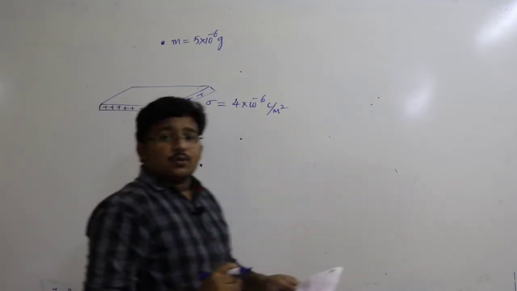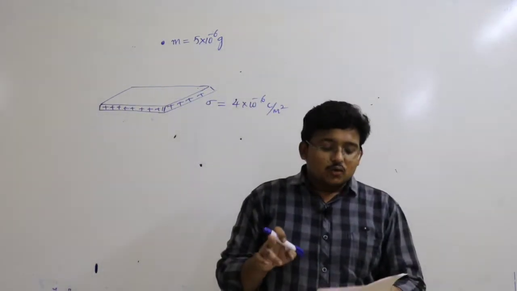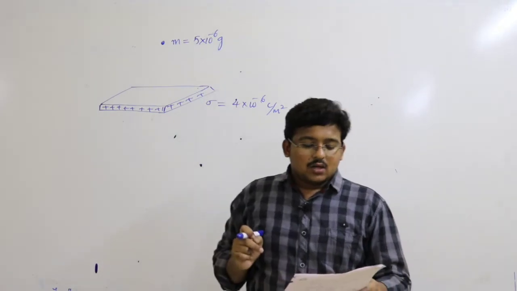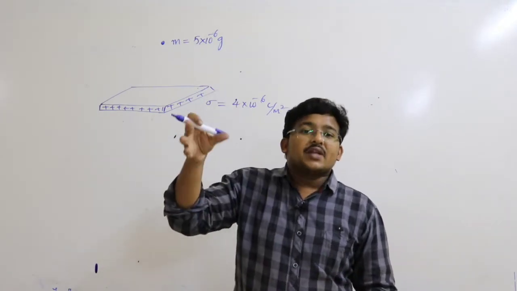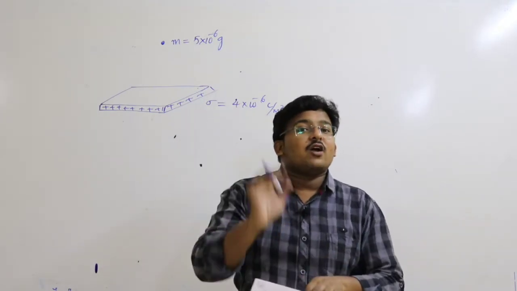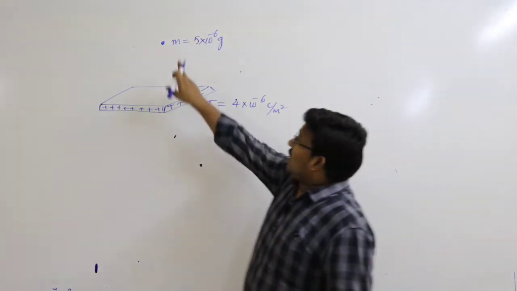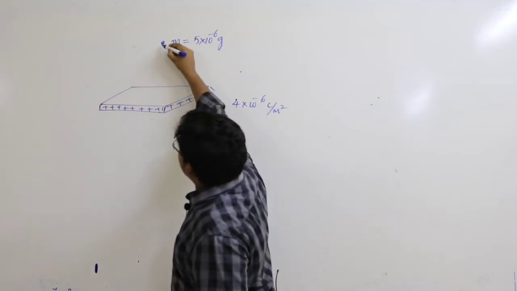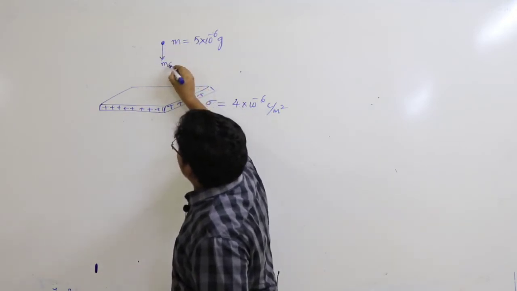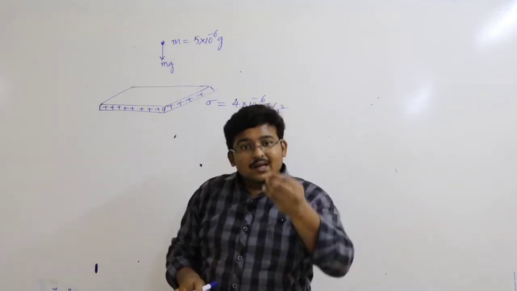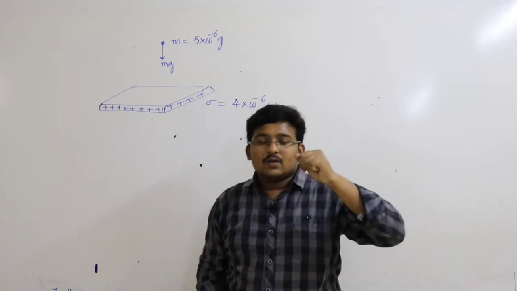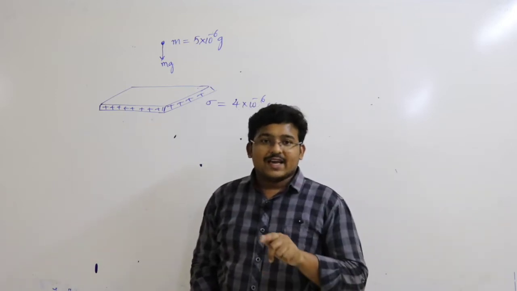Now what they are asking is, what charge should be given to the particle so that if it is released it will not fall down. See, on this particle gravity acts, so gravity will pull it down, so it has to fall down.